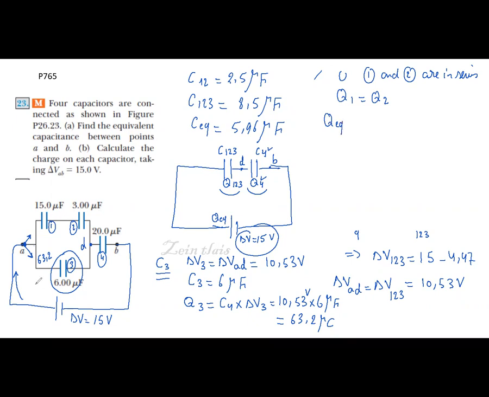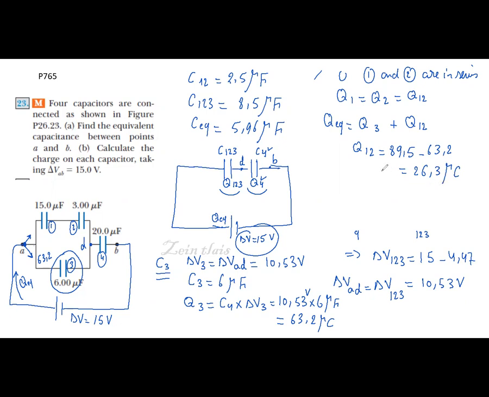Q equivalent is divided between Q3 plus Q12, because Q1 equals Q2 equals Q12. So Q12 equals 89.5 minus Q3, 63.2, equals 26.3 microcoulomb.